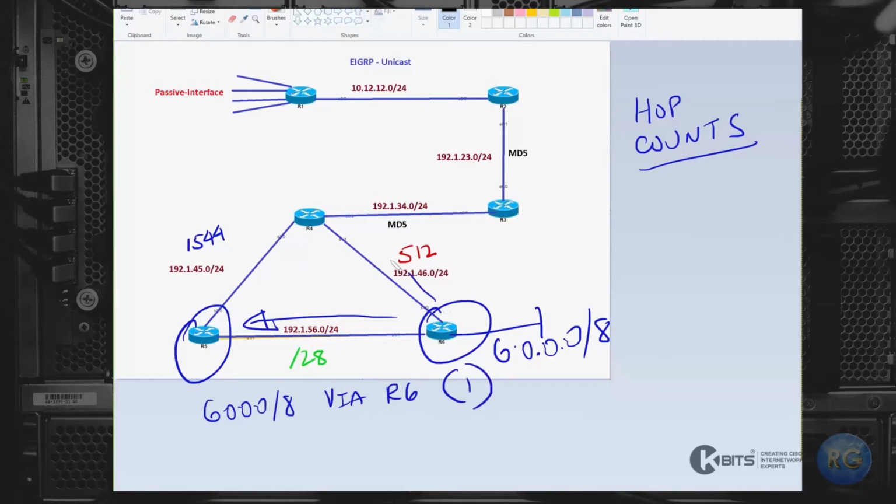Whereas the same route would have been propagated to R4, and R4 would have sent it to R6, but this guy would have added another hop count to it. So without even considering the speed, which RIP does not have the capability of doing, it would have taken the path to R6. Agreed?